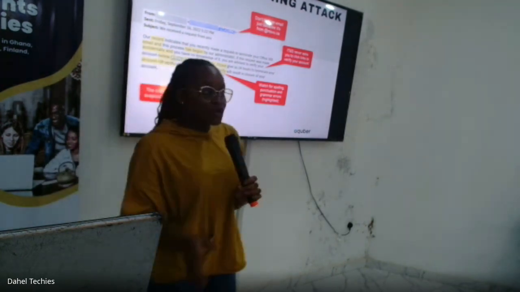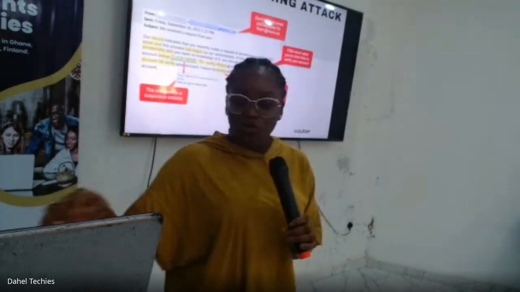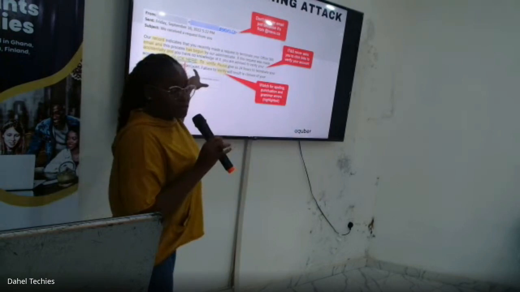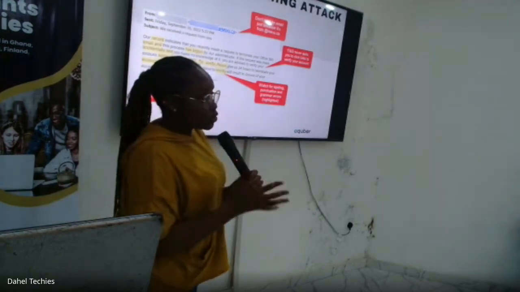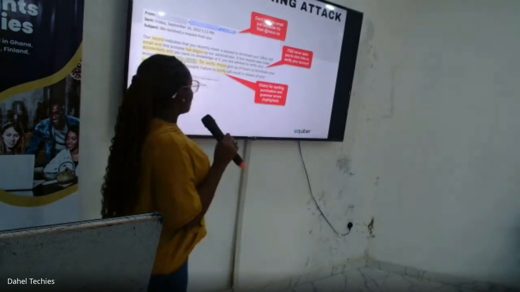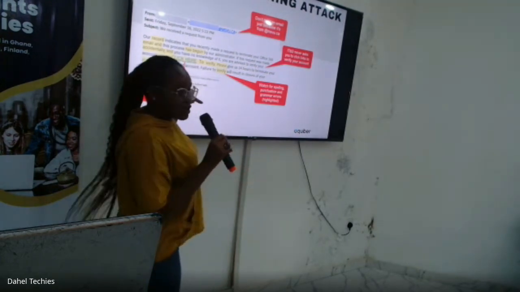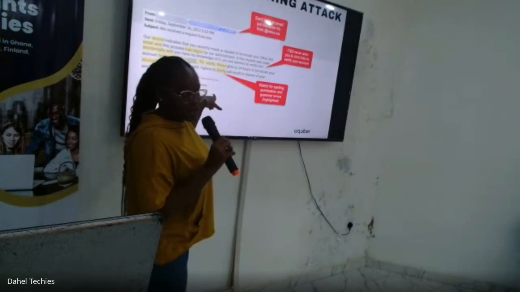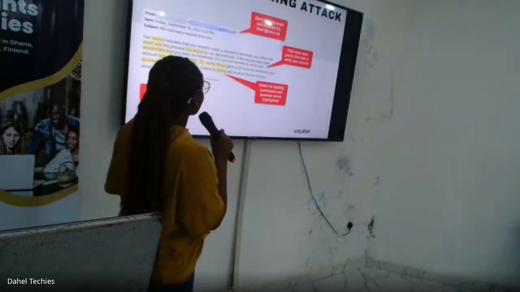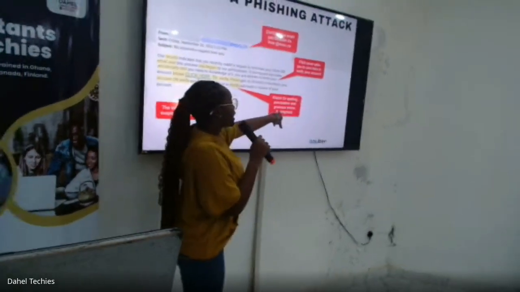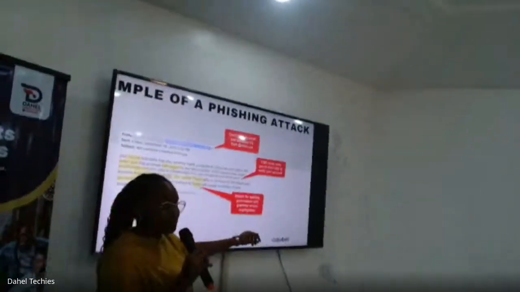If it's actually the site that sends it, when you hover your mouse around links, it's supposed to show an overview of the actual website. So this is already indicating that this is not a legitimate website and it's not the people who sent it. Then we can see here, watch for spelling, punctuation, and grammar errors.